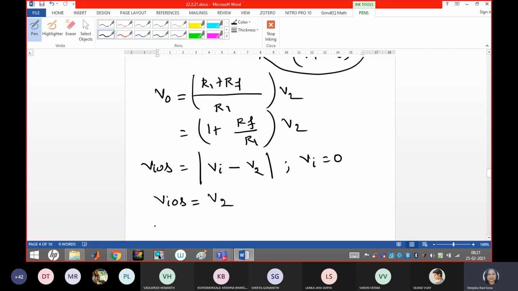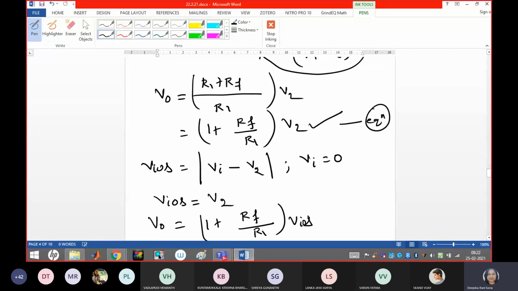In the previous equation, what we got? V0 equal to, what can be rewritten for this? 1 plus RF by R1 into which value? VIOS.